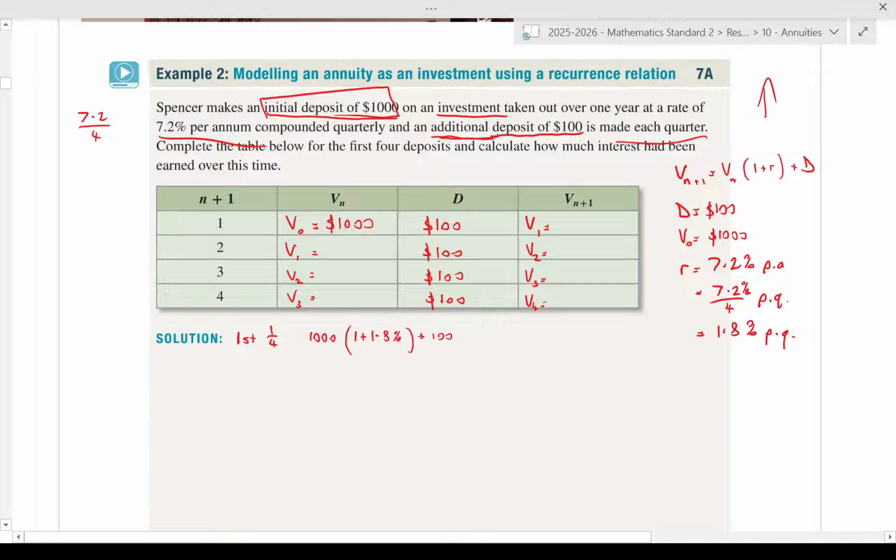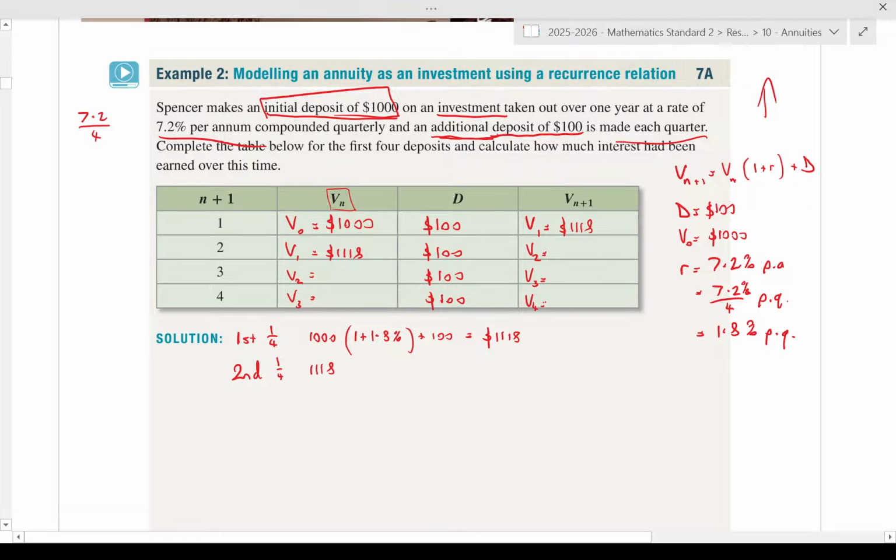So that's V0, then 1 plus the interest rate, plus 100, and that will give me $1,118. That is the value that goes up there, and that is also going to translate down there. Now the second quarter, we start with the 1,118. That's our new Vn for the second quarter.